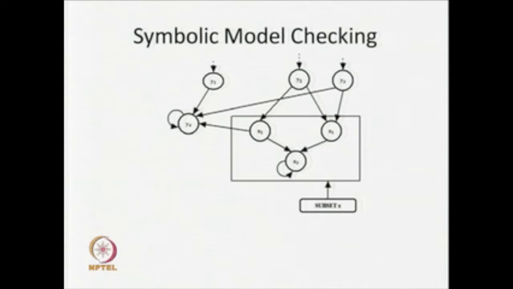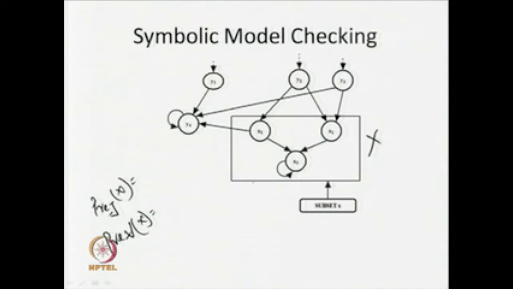Okay. Now, just see this simple example of whatever we are talking about, Pre∃(X) and Pre∀(X). In this particular case, this is a subset we are considering. So, this is X, and it has this particular state. Now, we are going to evaluate the predecessor states in such a way that at least one transition comes to this subset X for Pre∃(X), or for Pre∀(X), all the transitions come to this particular subset.